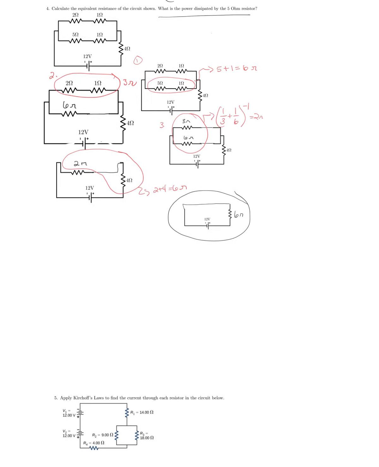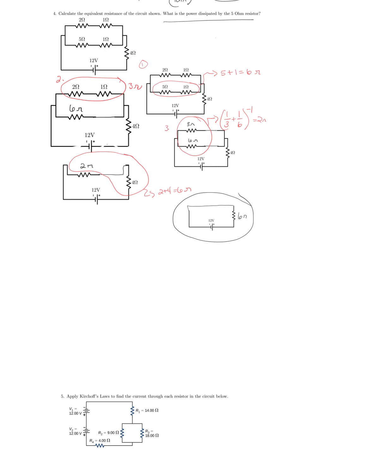So, power dissipated by the 5 ohm resistor. Well, we know the equation for power dissipated is I squared times our total resistance, equivalent resistance. We know equivalent resistance now is 6 ohms, but we don't know our current.